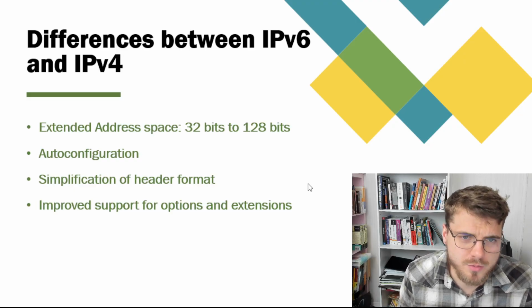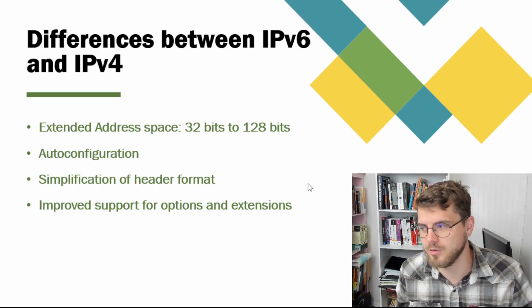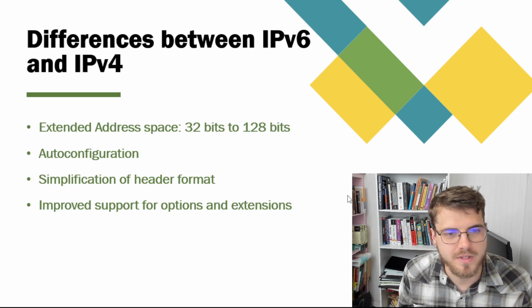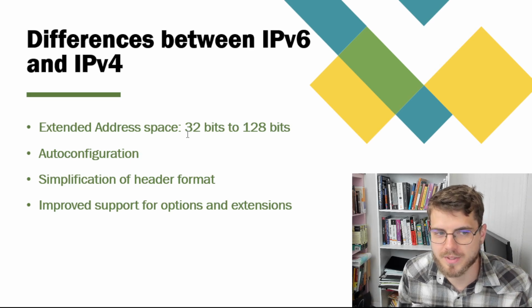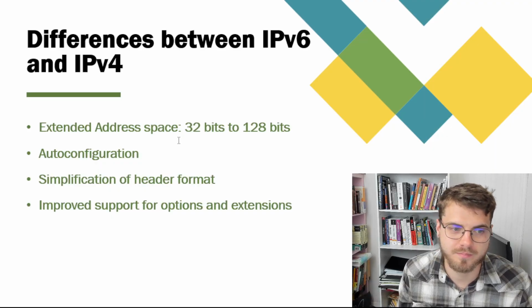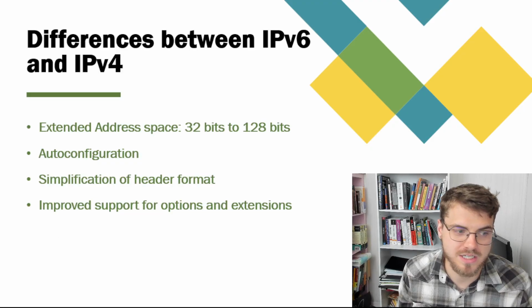So some of the differences between IPv6 and IPv4. I'm going to go deep on all these. But the address space is much, much bigger. IPv6 has auto configuration. They simplify the header, and they also support extensions.